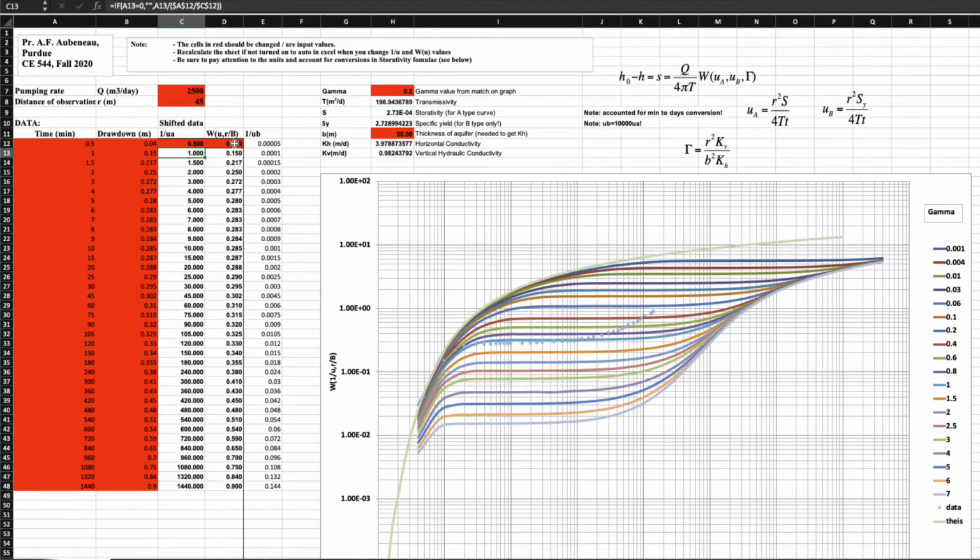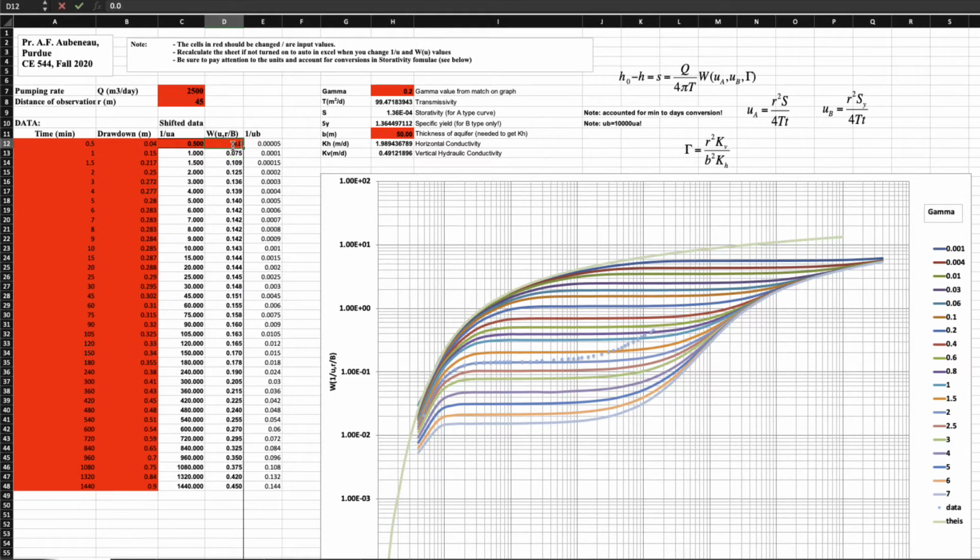So let me, what do we have, 0.04, 0.02, we want to shift it down, it seems like. Yeah, that's actually pretty good. This seems to fit all right, but on the left hand side here, this is pretty perfect fit.